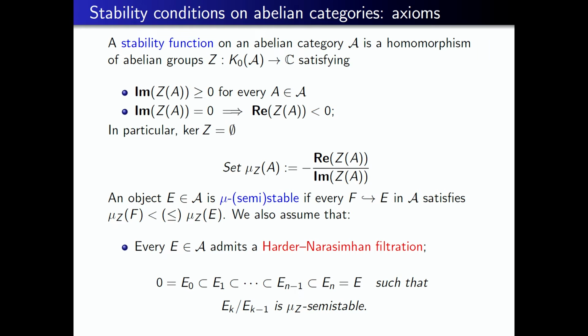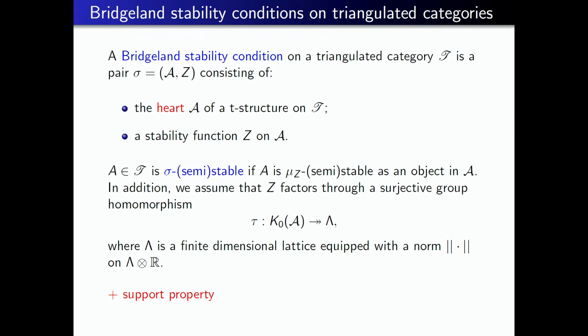So that's one way to understand, from the categorical point of view, what semi-stability is. It's a way to choose building blocks out of which all the other objects in the abelian category will be made. Okay?